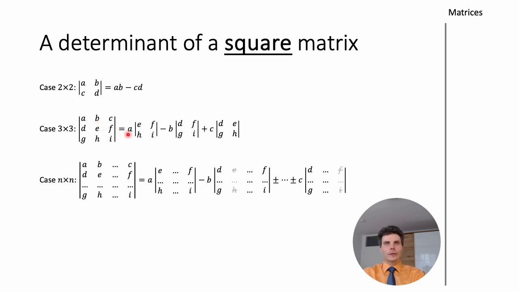And then we write the weighted sum of the determinants of those three matrices. First, the matrix that is associated with the number A: E, F, H, I. Then the matrix that is associated with the number B: D, F, G, I. And finally, the matrix associated with the number C, taken with different signs and different weights.